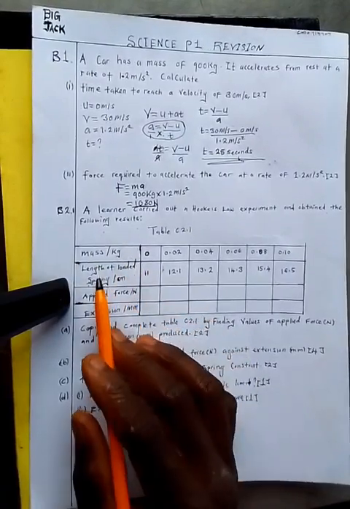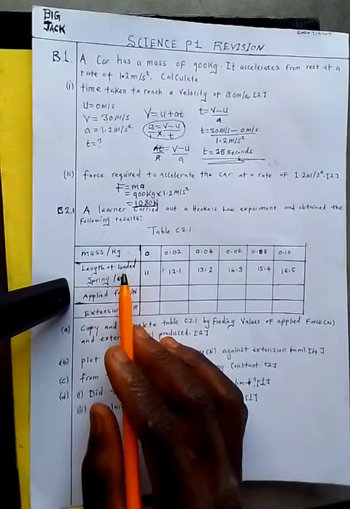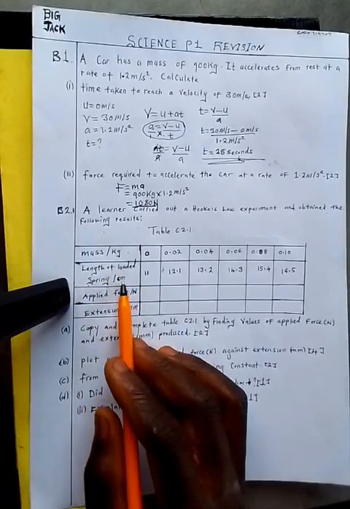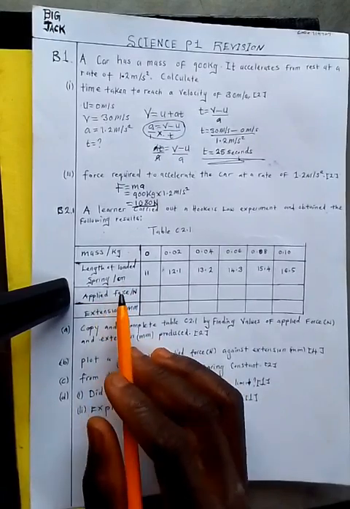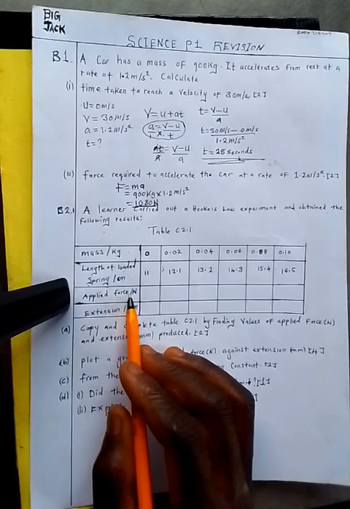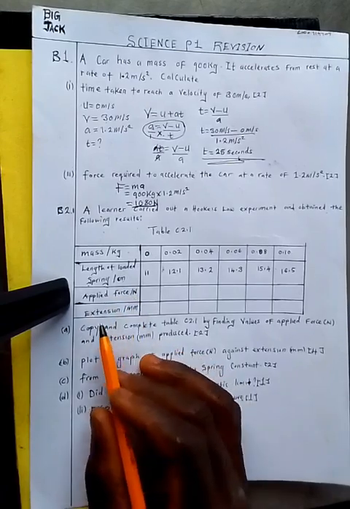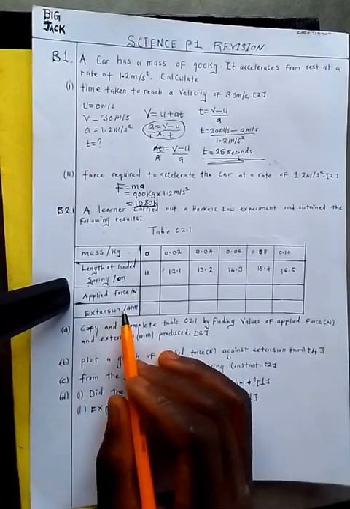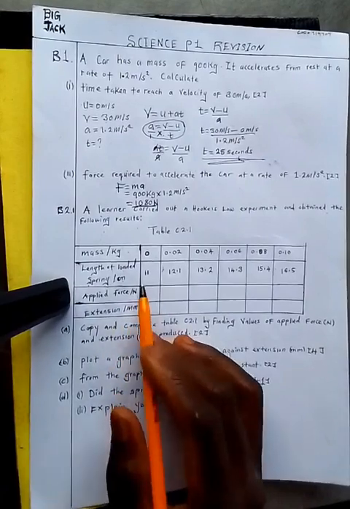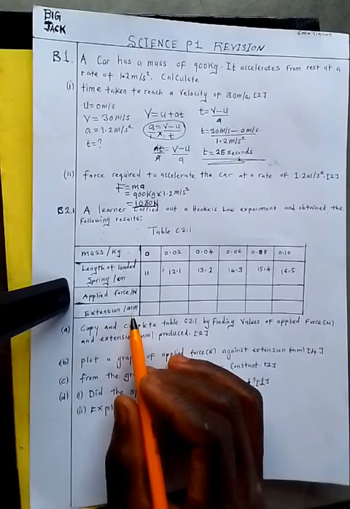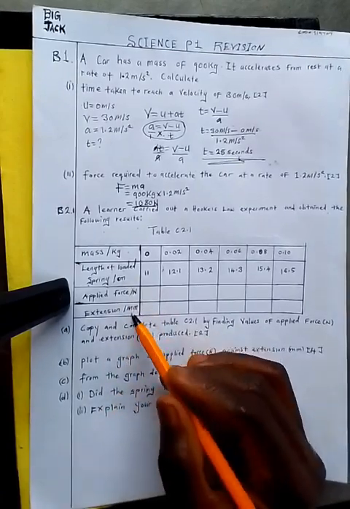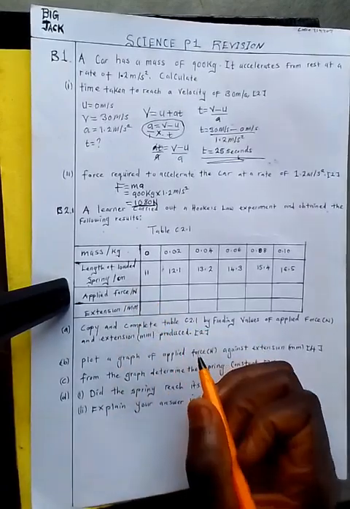Apart from the mass in kgs, we also have the length of the loaded spring in centimeters, and the applied force in newtons. The last one is the extension in millimeters. As you can see, here we have centimeters, then here we have what? Millimeters. So we need to consider these two as special.